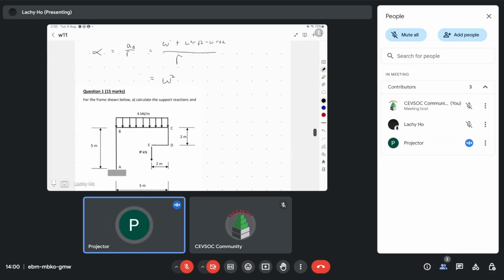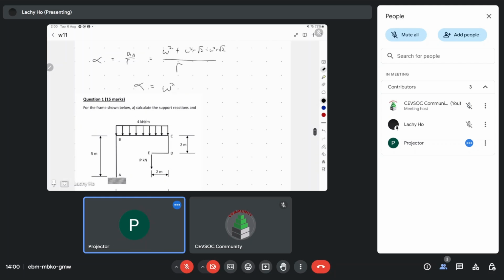So it should be omega squared in the end.